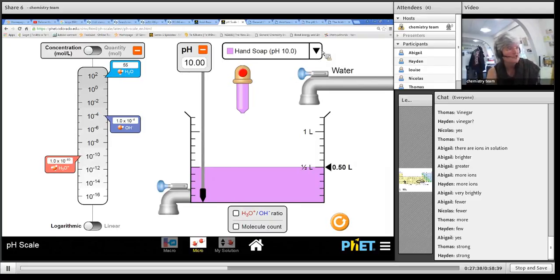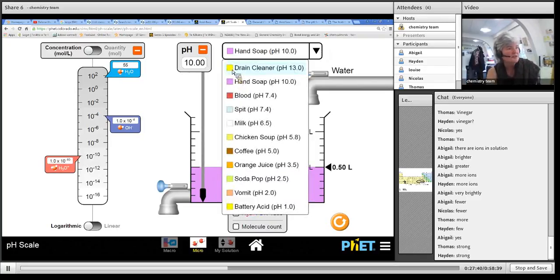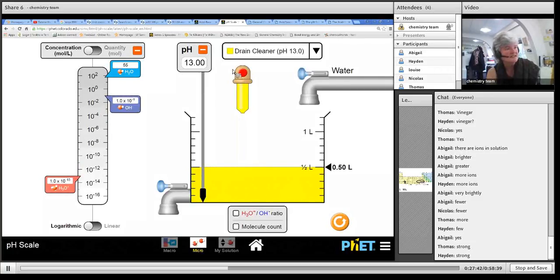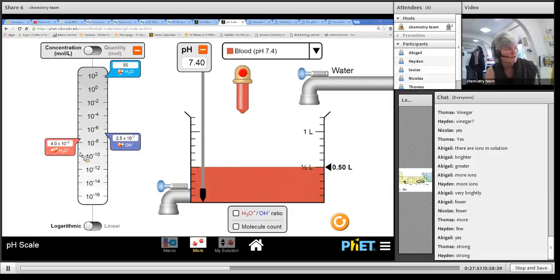So if I just change my solutions, drain cleaner, for instance, is pretty basic. Can you see how OH has gone up and the hydronium ions have gone down? Sorry, the OH has become more concentrated. Hydronium has gone down by pretty much an equal amount. If I do blood, can you see that one's dropped by an equal amount?